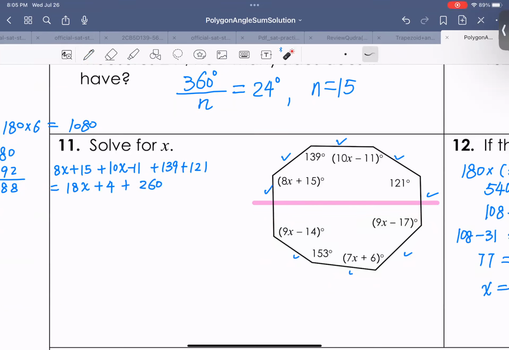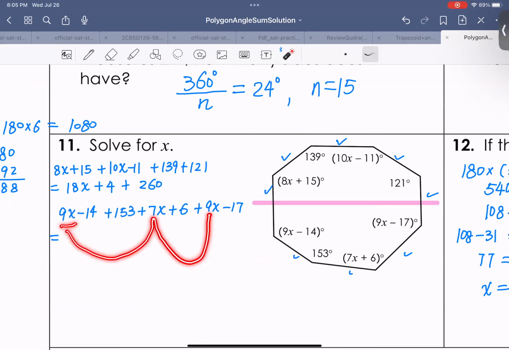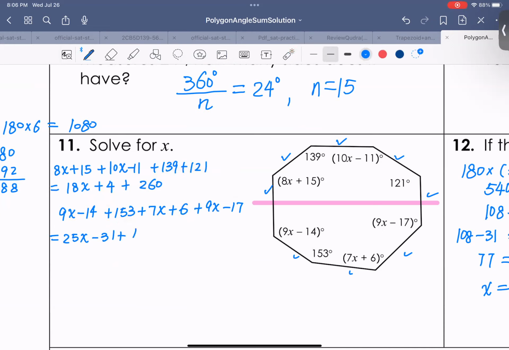Let's do this bottom one. 9x minus 14 plus 153 plus 7x plus 6 plus 9x minus 17 is equal to 25x minus 31, plus 162, plus 159, plus 128.